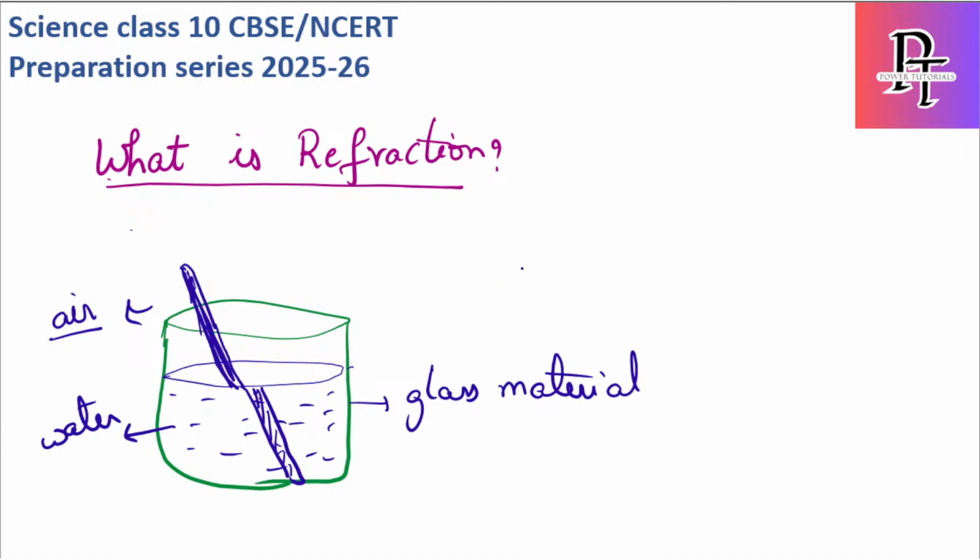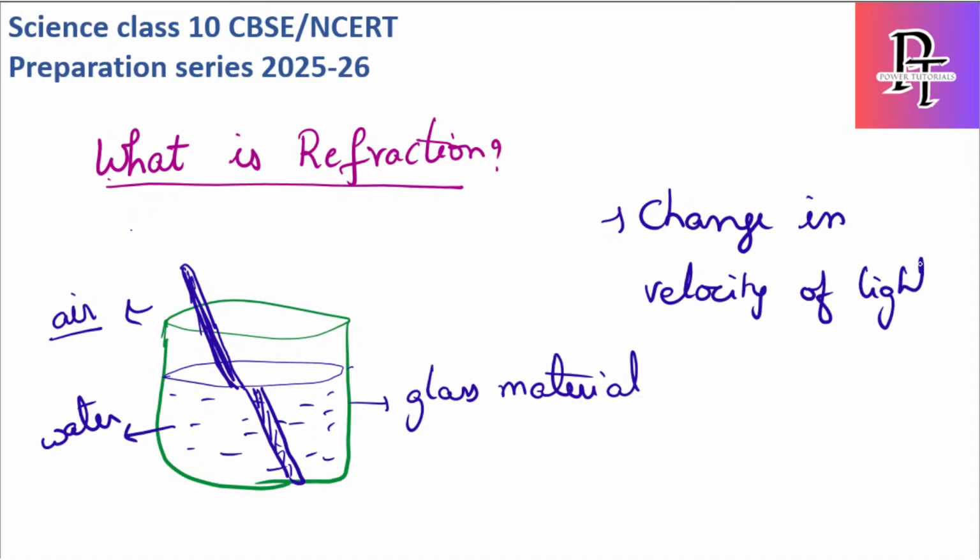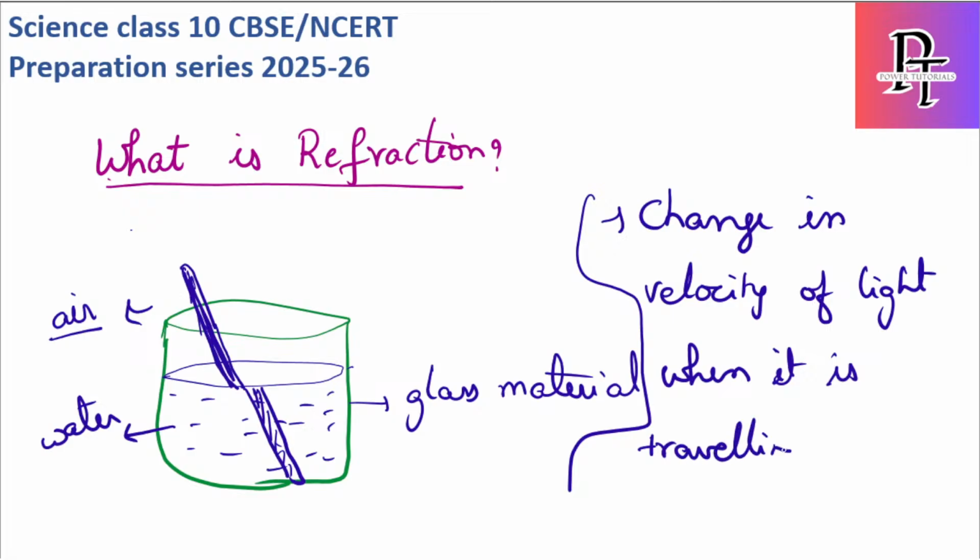तो इंग्लिश में डेफिनेशन, व्हाट इज रिफ्रैक्शन अगर पूछ ले, व्हाट यू हैव टू राइट इज: the change in velocity of light when it is traveling from one medium to other medium.